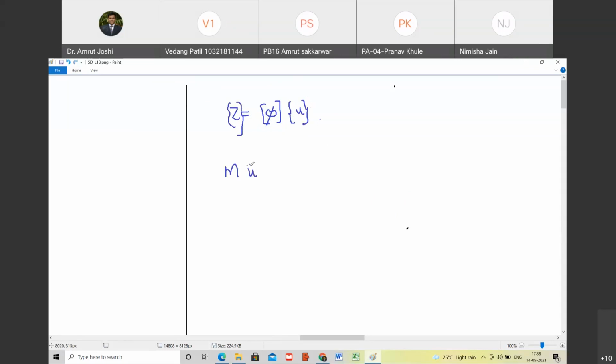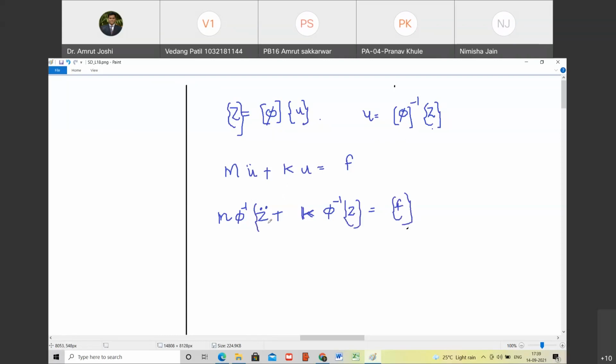So M u double dot plus K u is equal to F. If I substitute this, u is equal to phi inverse z, so it is going to be M phi inverse z double dot plus K phi inverse z is equal to F.